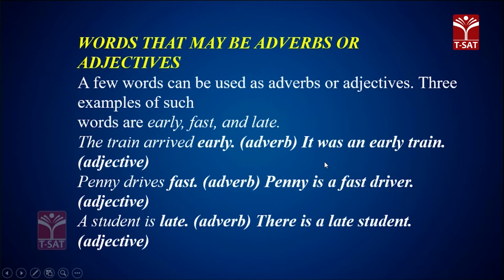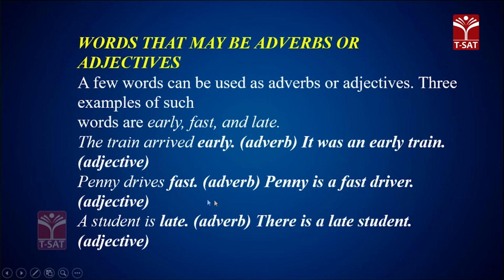It was an early train, here early is used in the sense of adjective. The train arrived early, in this sentence early is used as an adverb, then it was an early train, in this sentence early is used as an adjective.